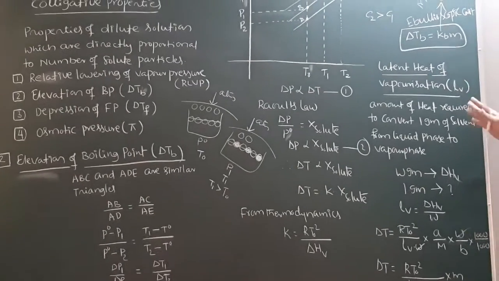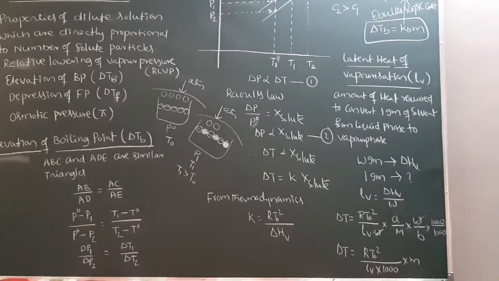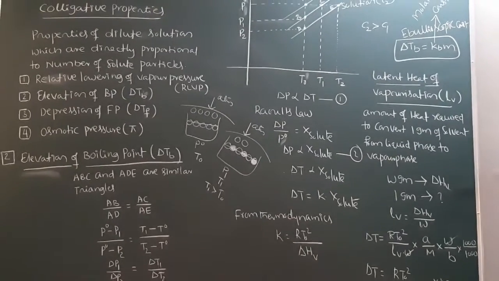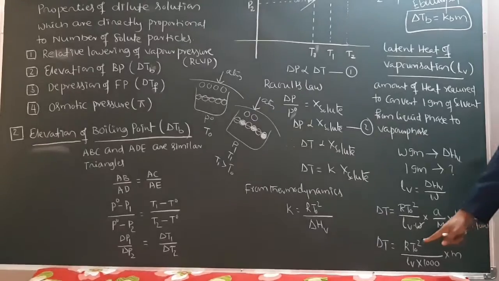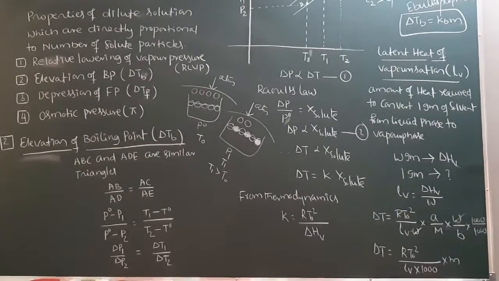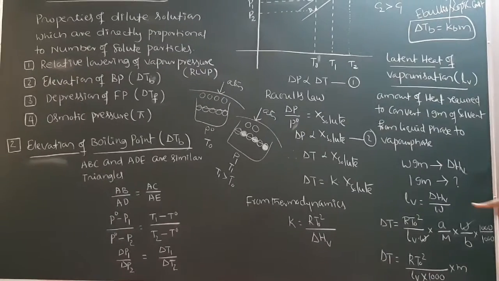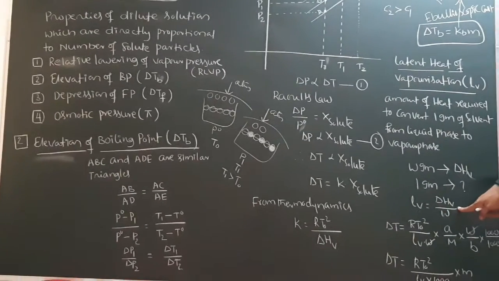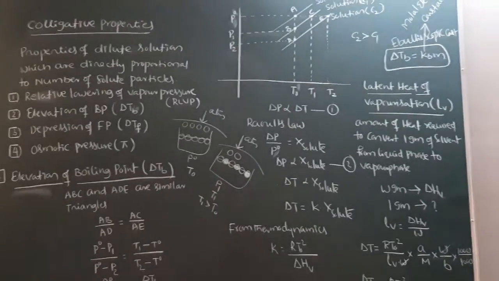And third, LV is equal to delta HV by W. So these are the three important formulas for making calculations.